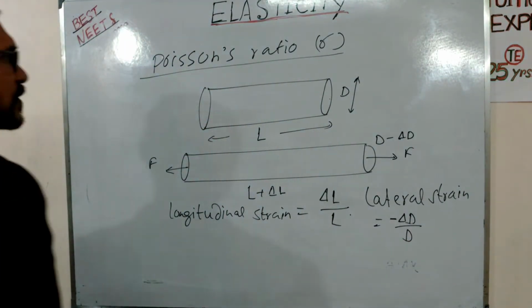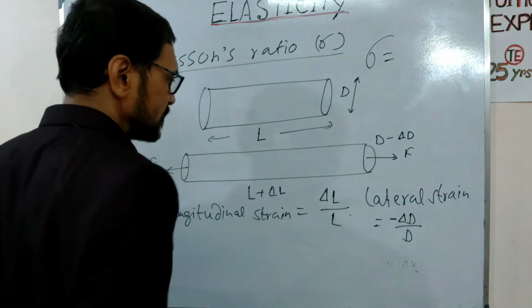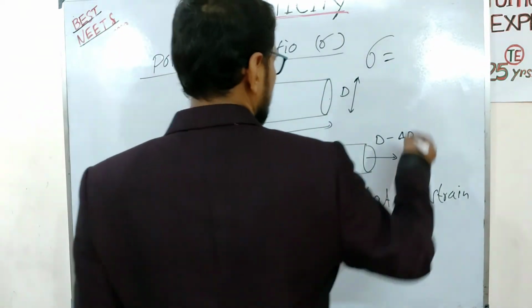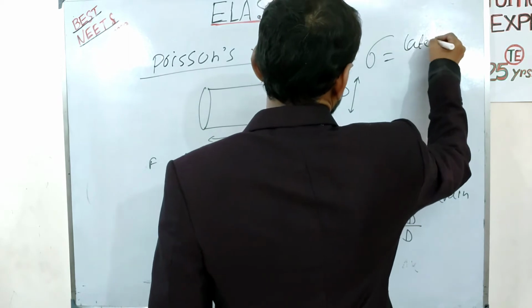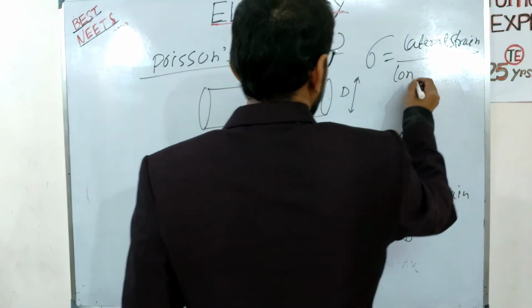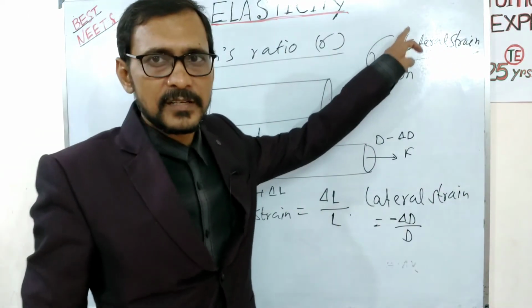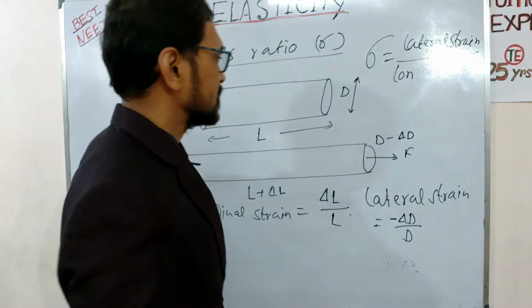Now Poisson's ratio sigma is defined as lateral strain by longitudinal strain: lateral strain in the numerator and longitudinal strain in the denominator. So remember this.